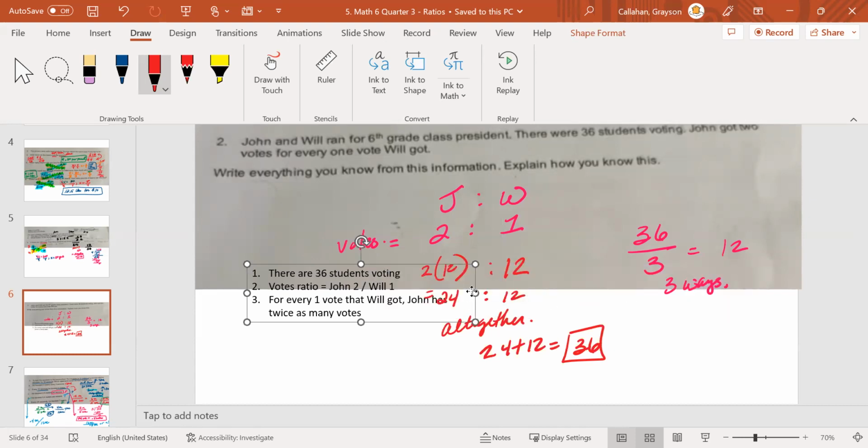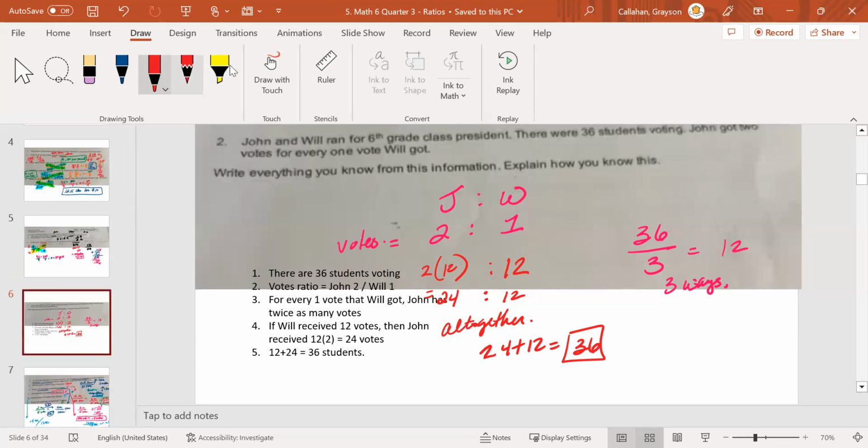So from here, you can then say if Will received 12 votes, then John received 12 times 2, which is 24 votes. 12 plus 24 equals 36 students. That's what you should write. Does that make sense though? Okay, and I think that's everything. That concludes it.